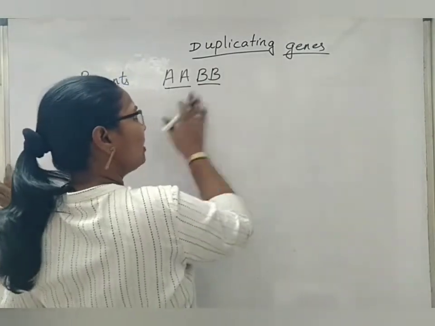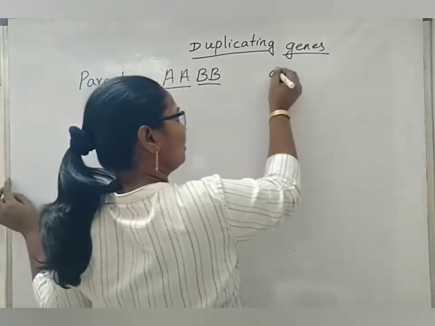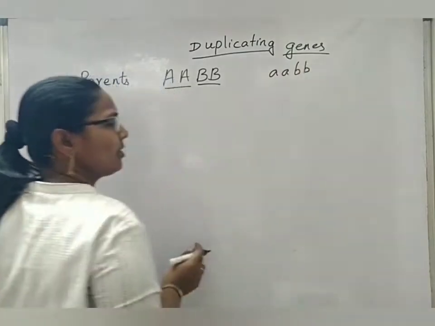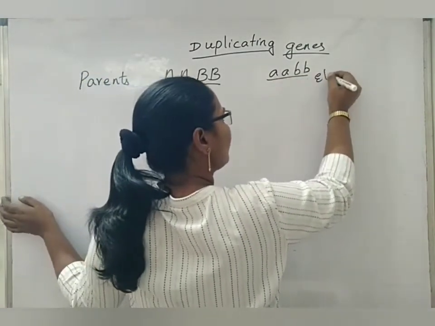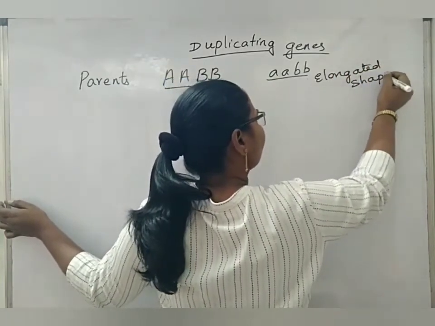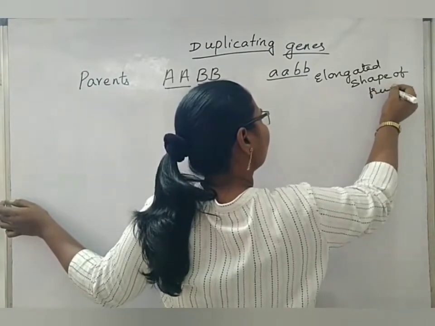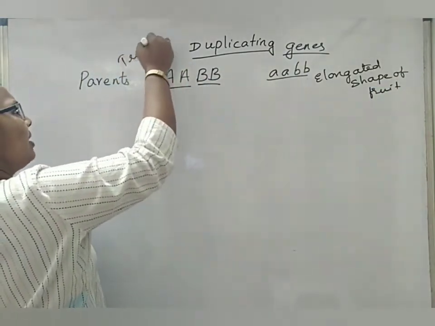And we know that whenever such dominant allele pairs are there, there will be their contrasting allele pair also. So we are taking this one as recessive, which are responsible for elongated shape of the fruit. And this type of allele pair is responsible for triangular shape of the fruit.